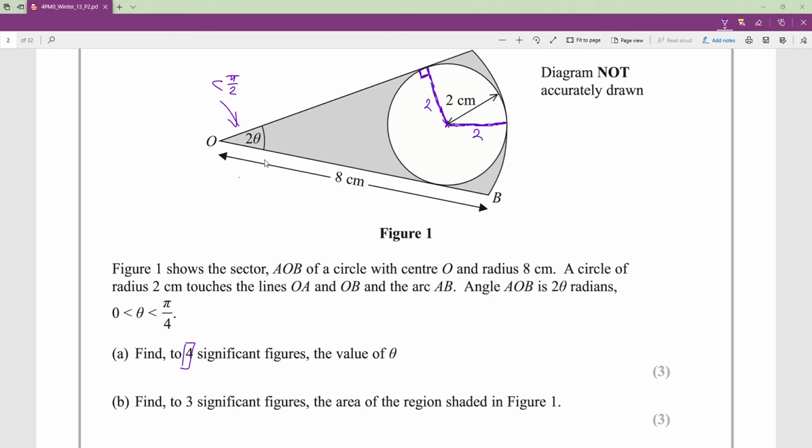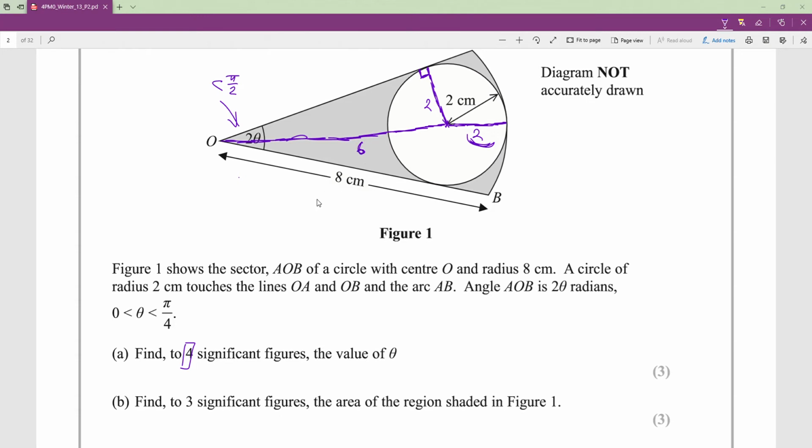And because the bigger circle has a radius of 8 centimeters, the rest of the line up until the center of the smaller circle must add with this radius of the smaller circle here to become 8. So this length must be 6.